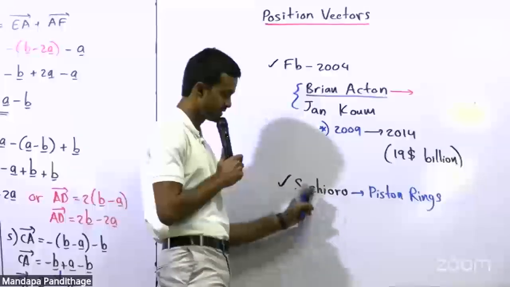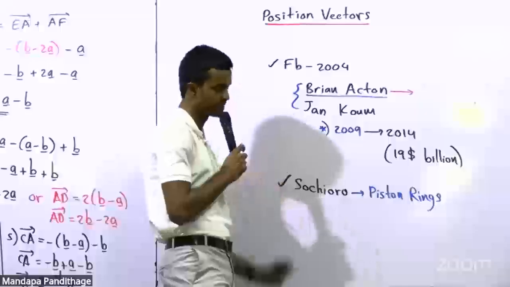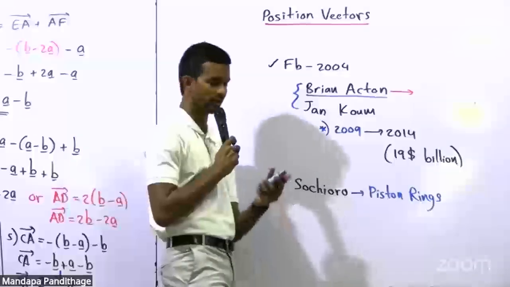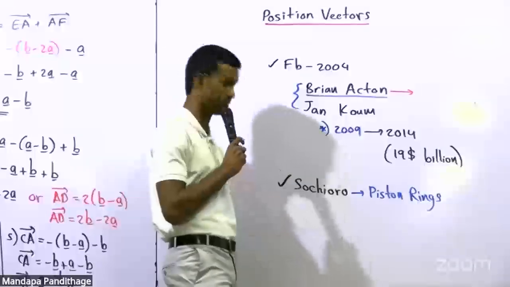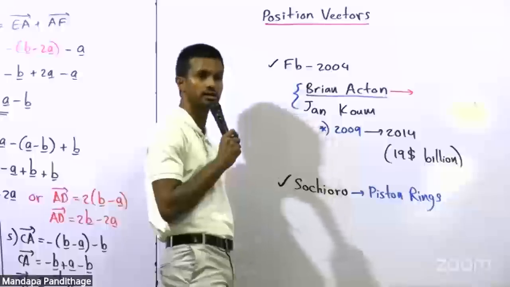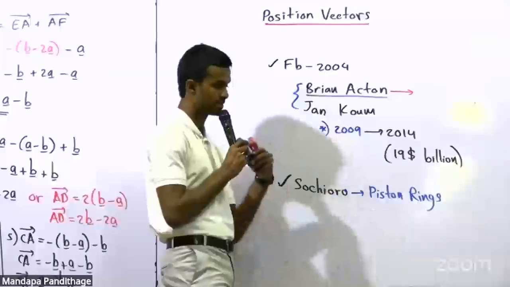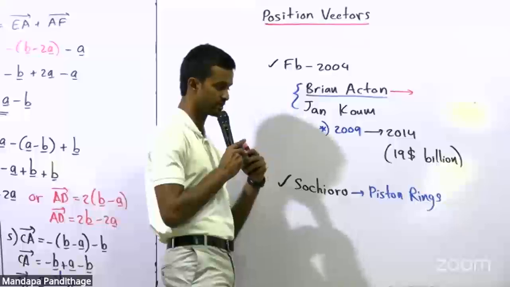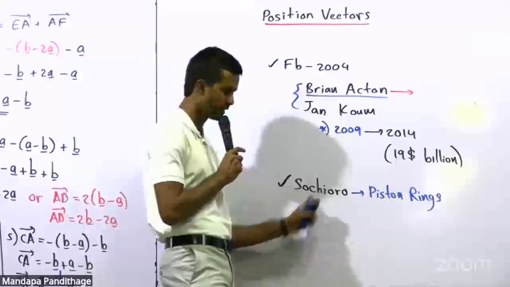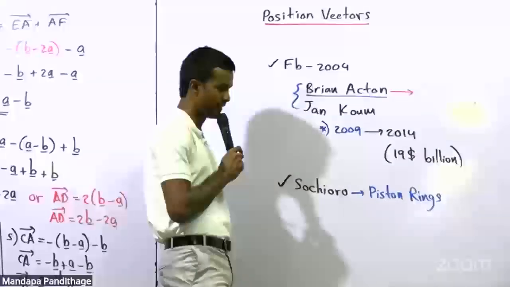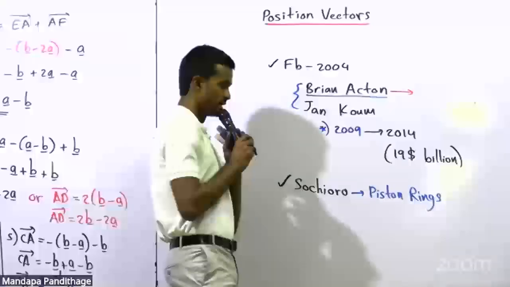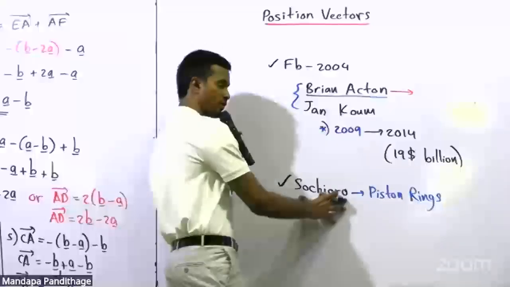And it is said that this person has applied for a mechanical engineering job in Toyota, but he got rejected. So their company was initially making piston rings, and he even applied for a job at Toyota, and then he got rejected. So then he had this knowledge about automobiles.